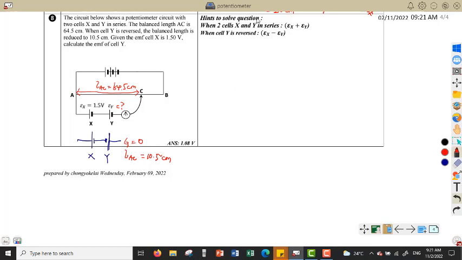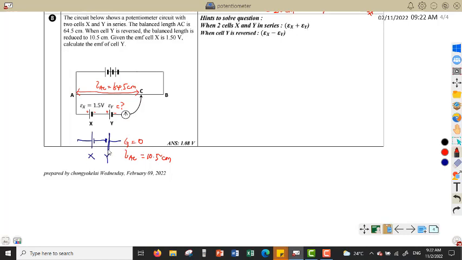In order to solve the question, we have to understand that if our two cells X and Y are connected in series like this, with terminals positive, negative, positive, negative, the total EMF will be EX plus EY.